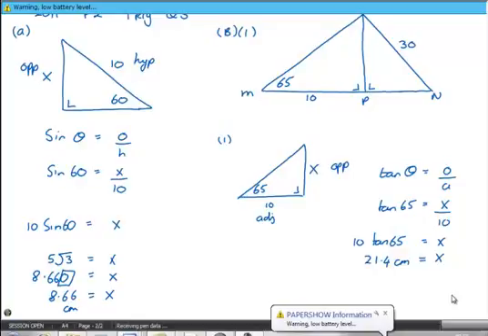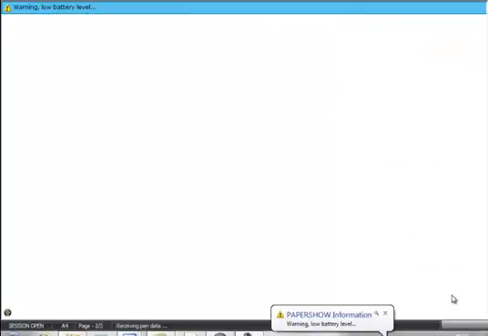Okay, on to the next part of the question. So the part 2. You're asked a similar diagram, so again I'm just going to sketch it down. Perpendicular, 65, 10. You now know that this length up here is 21.4.